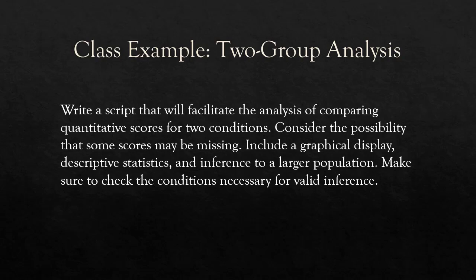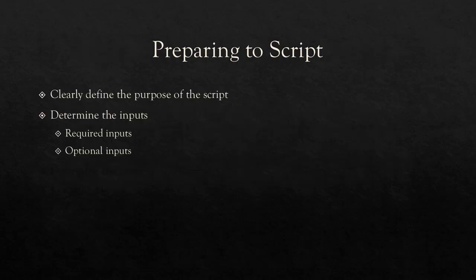That's the purpose. So we can already determine what the inputs are from this. We're going to be inputting data, and the data is going to need to have a variable that distinguishes between at least two groups, as well as the quantitative variable that we're going to compare for those groups.